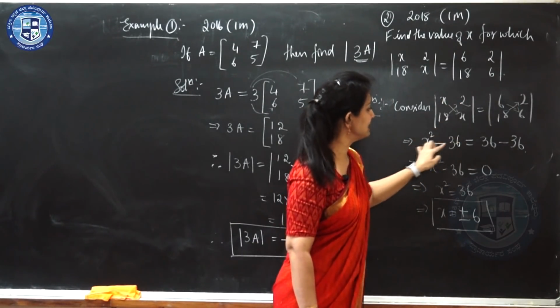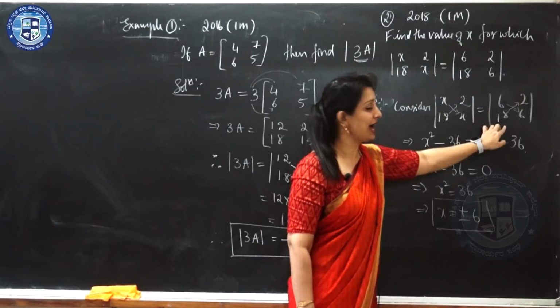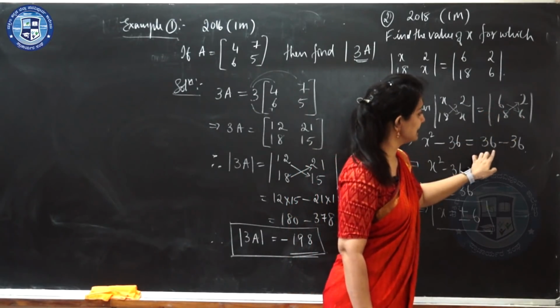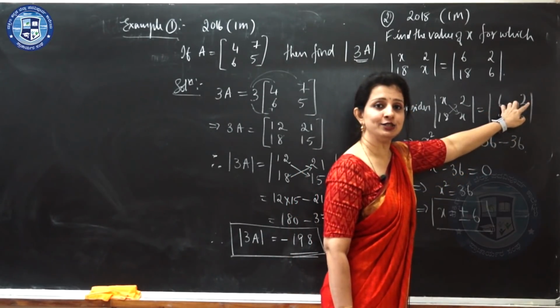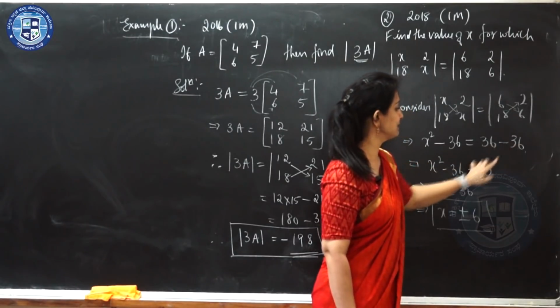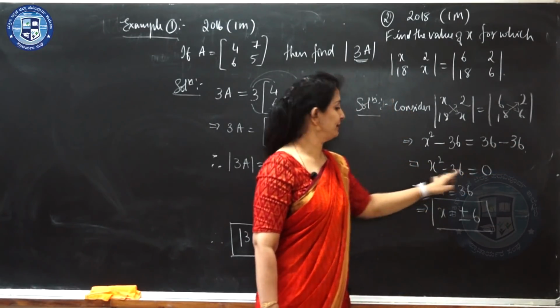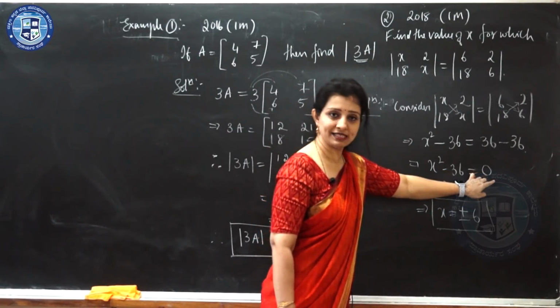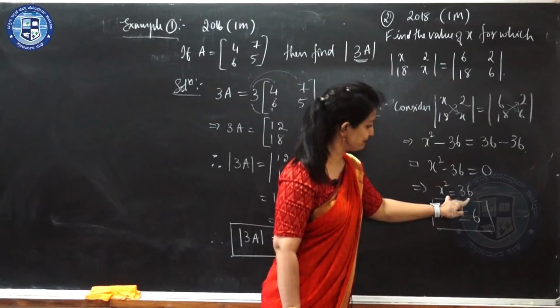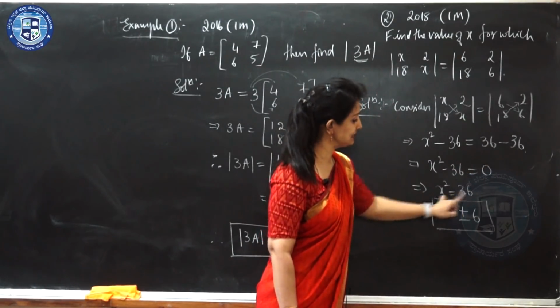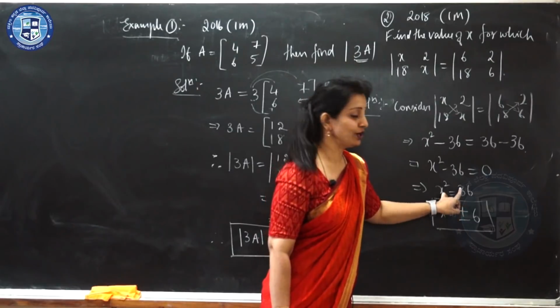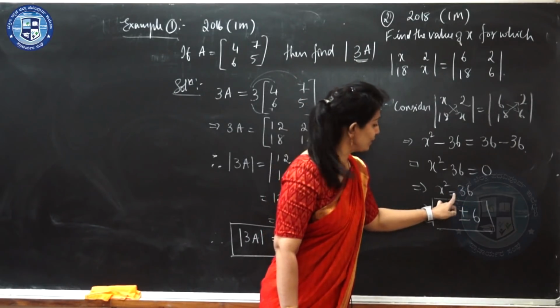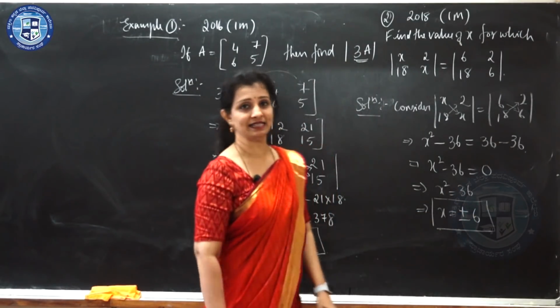So x square minus 36 is equal to RHS. What is it? 6 into 6, 36 minus 18 into 2, 36. So 36 minus 36, 0 we have. So x square minus 36 is 0. So x square is 36, brought to RHS, minus changed to plus 36. So x value is root of 36 is 6. So we have to write plus or minus 6.